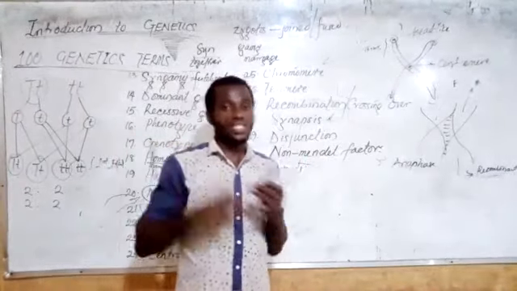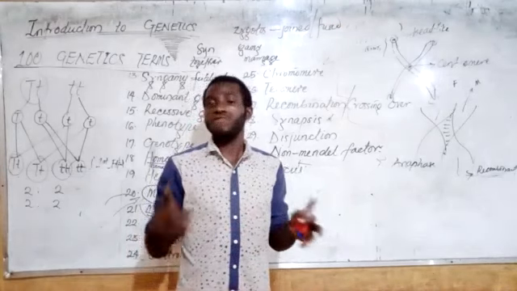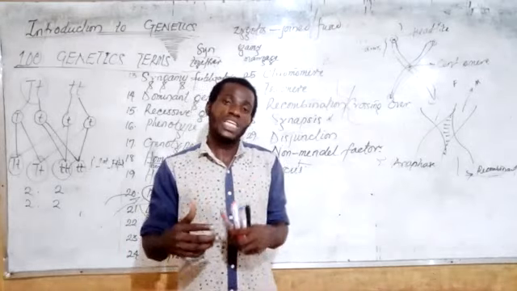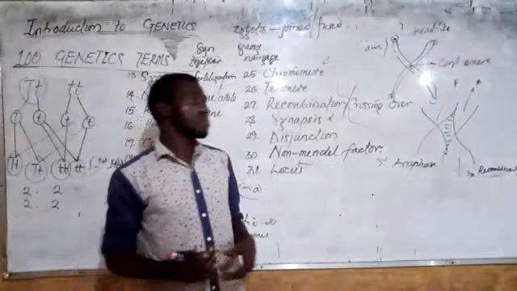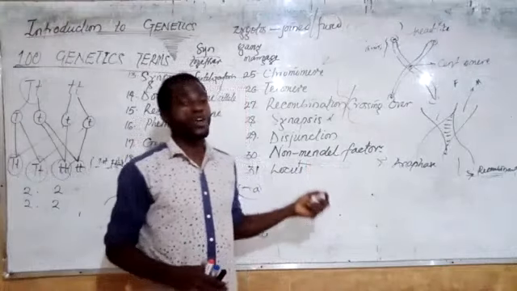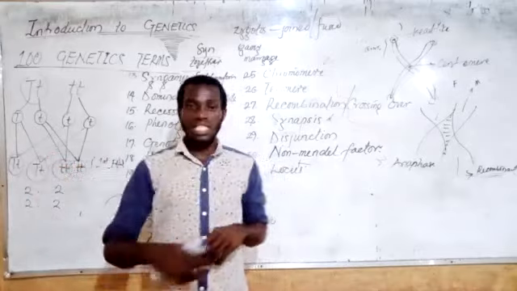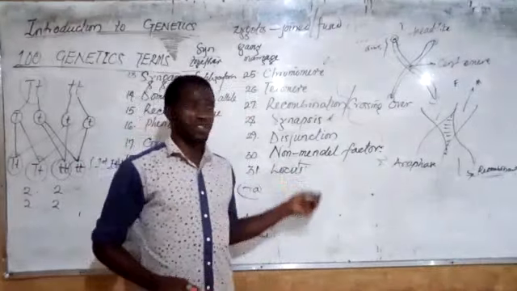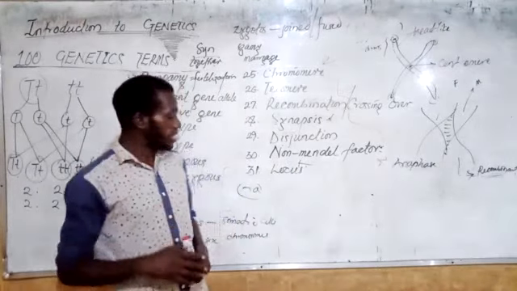There are environmental factors, the kind of food you eat. All of those play out in determining what phenotype you will exhibit, and that is why they are called non-Mendelian factors. Mendelian factors are genes that work with the normal Mendelian law, while the non-Mendelian factors are the ones that don't necessarily go directly with the Mendelian law.